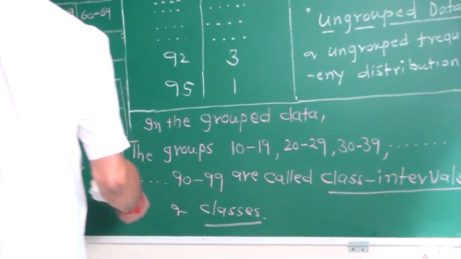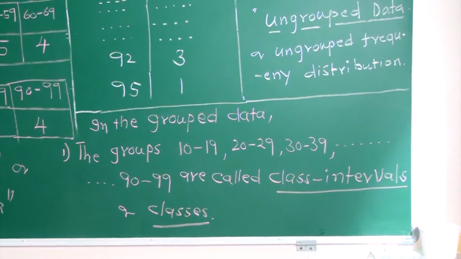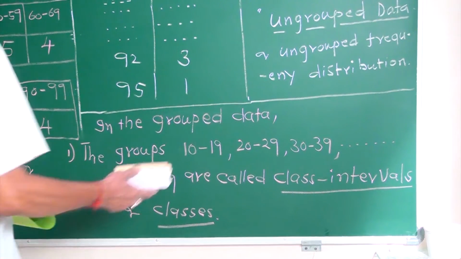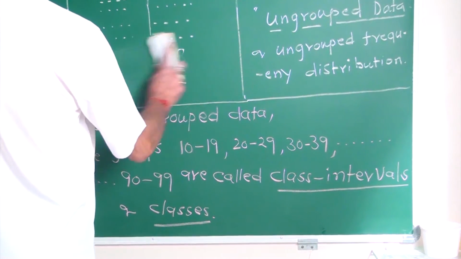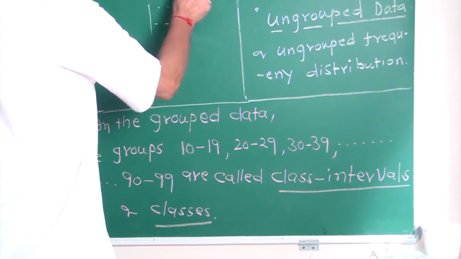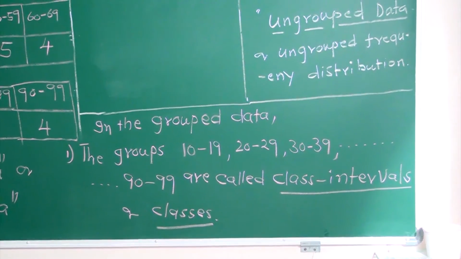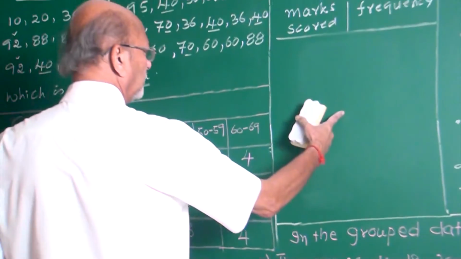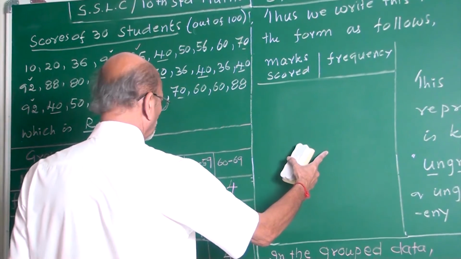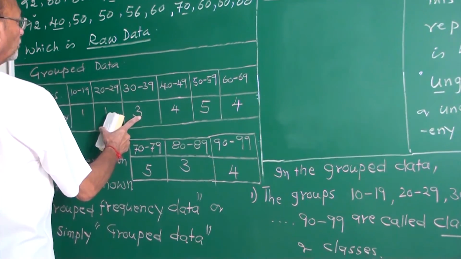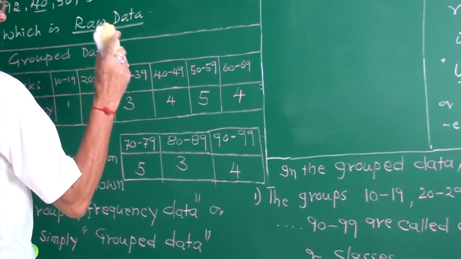I hope it is clear now. This is raw, ungrouped data, and this is grouped data, my friends. There are 3 types.